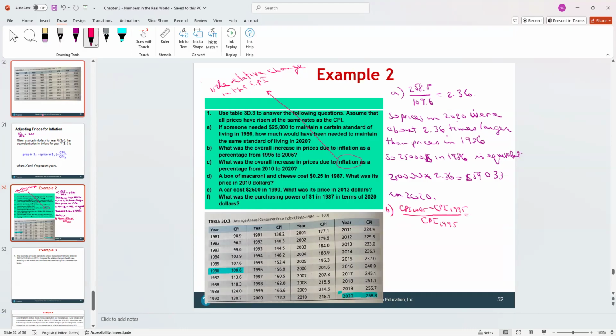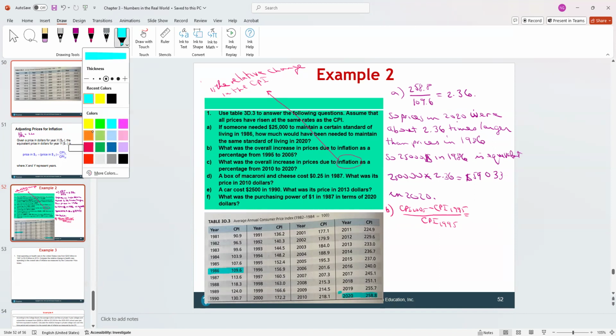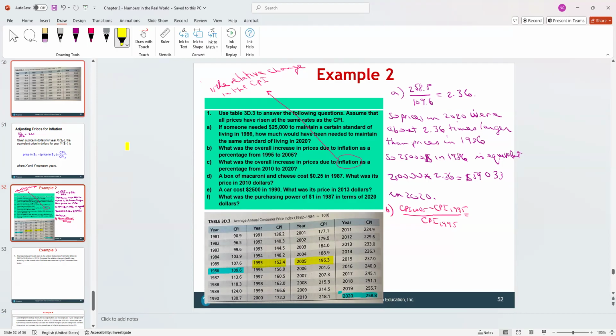So what is the inflation of 2005? Let's go with 2005 first. Where is 2005 in this one? 2005 is 195.3, and 1995 is right there, 152.4.